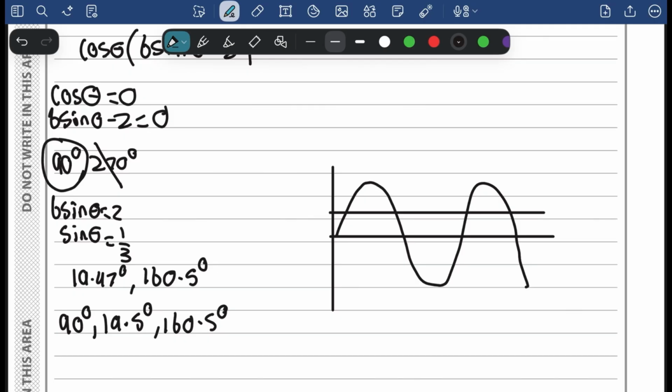The first thing we did is we found the point where sine theta equals a third, which is here, which is going to be 19.47 degrees. And the next time it does it, at this point here, which is just before 180, because we have 90, then 180, then 270, then 360, it's going to be 180 minus 19.5, which gives 160.5.